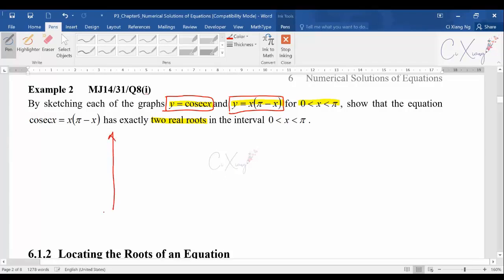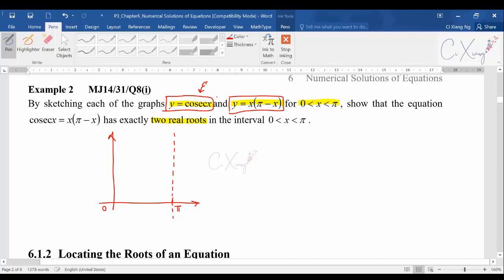Again, I will draw out all the requirements that they want. I will build the axes, and I have 0 until pi. Usually I will draw a dotted line to remind myself that the interval that I want is only from 0 until pi. Again, refer to chapter 3 for y equals cosecant x.